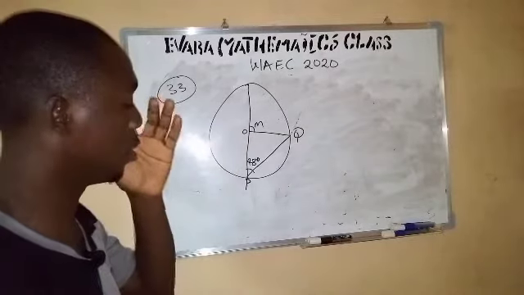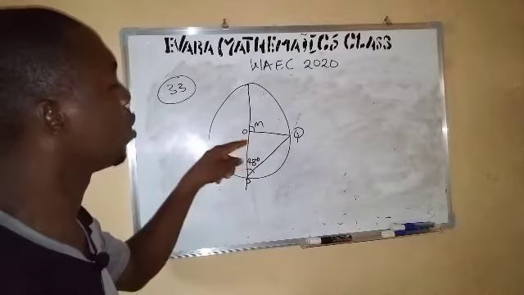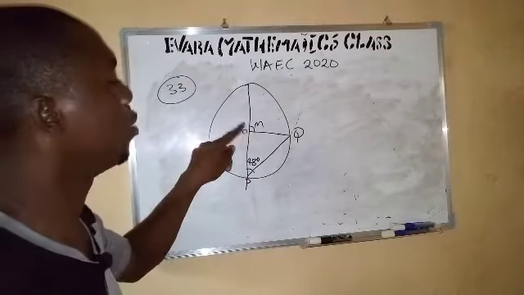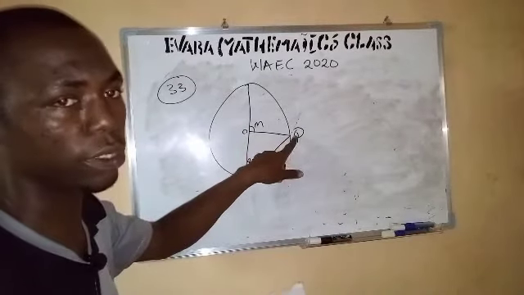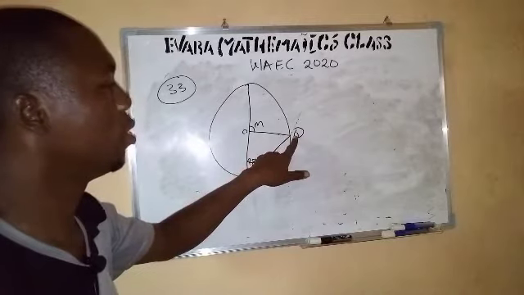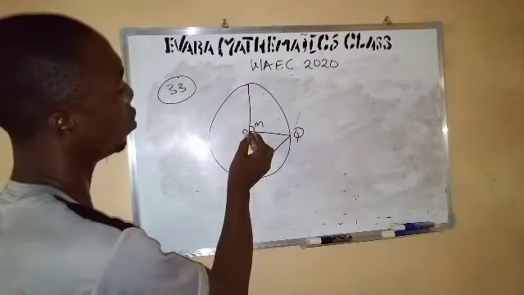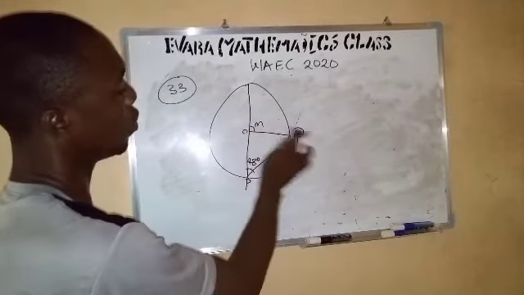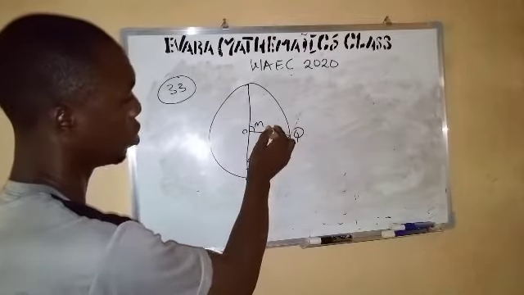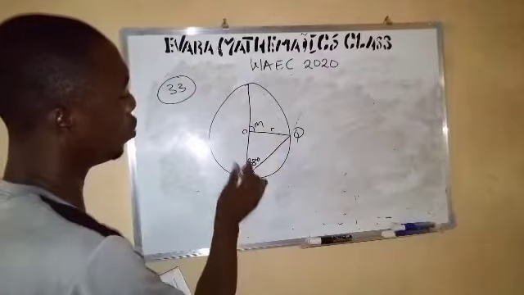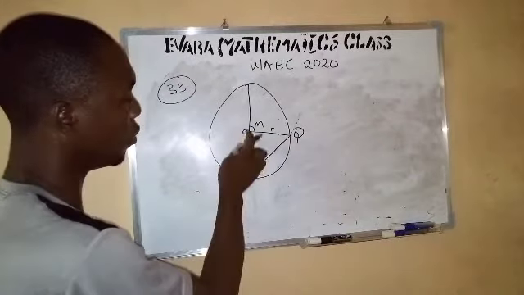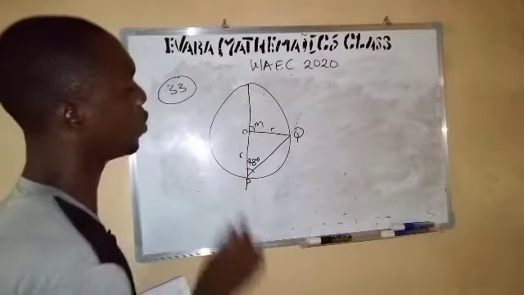And we know that any line drawn from the center to a point on the circumference is a radius. So that means from here, this is OQ. This OQ is a radius. And this OP too is a radius because it is still from the center to the circumference.